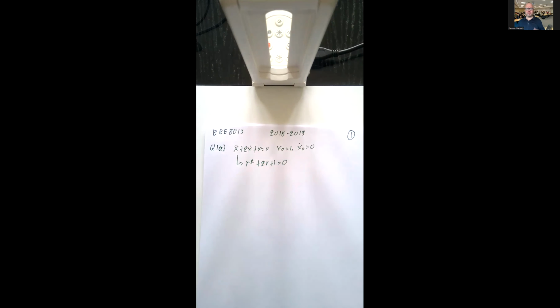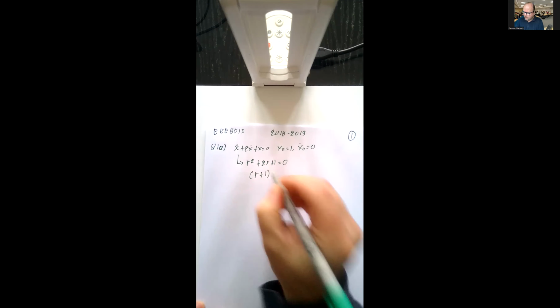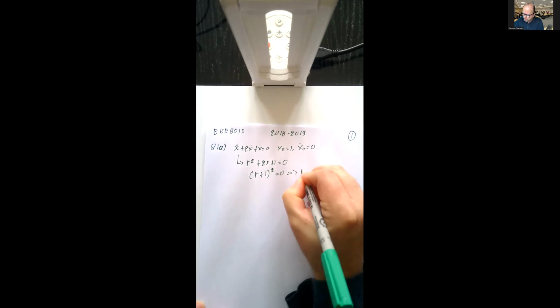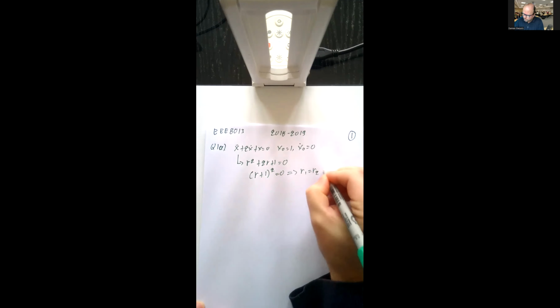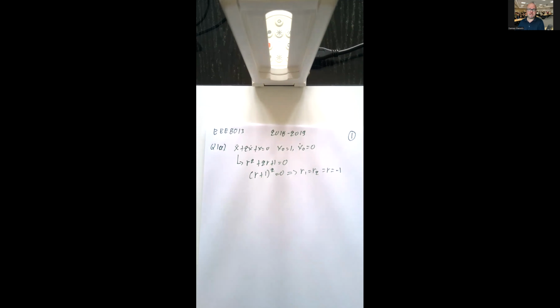For those of you who are good with maths, you can immediately see that this is going to be a classical identity, (r plus 1) squared equals 0, and hence r1 equals r2 equals r equals minus 1. If you don't see this immediately, just use the classical formula with the discriminant. It is going to give you the same result.